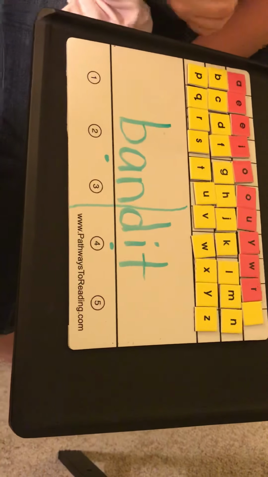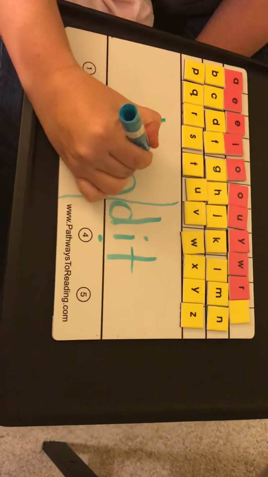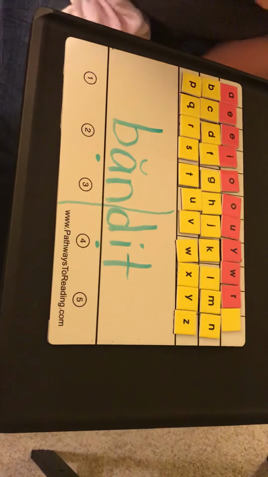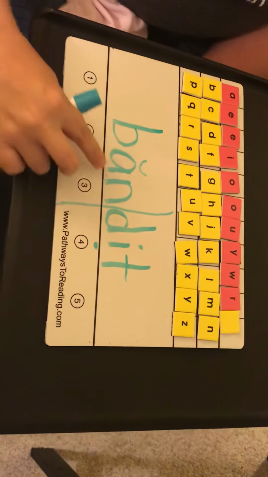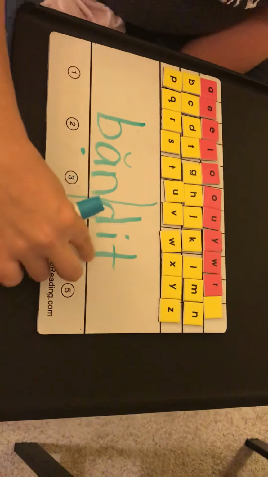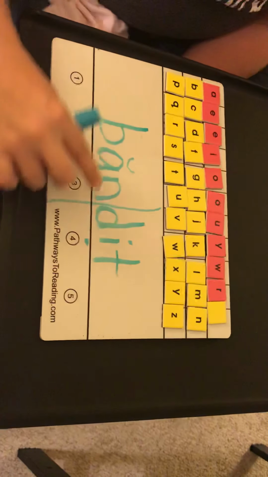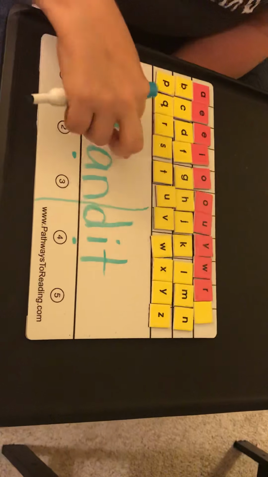All right, let's sound out our first syllable. We're going to start with the sound hat. Remember, that's our baseball cap, the rounded bill. Let's see if it makes its sound. Ban, ban, dit. Bandit? That sounds familiar. Let's try the name hat just to see what happens.